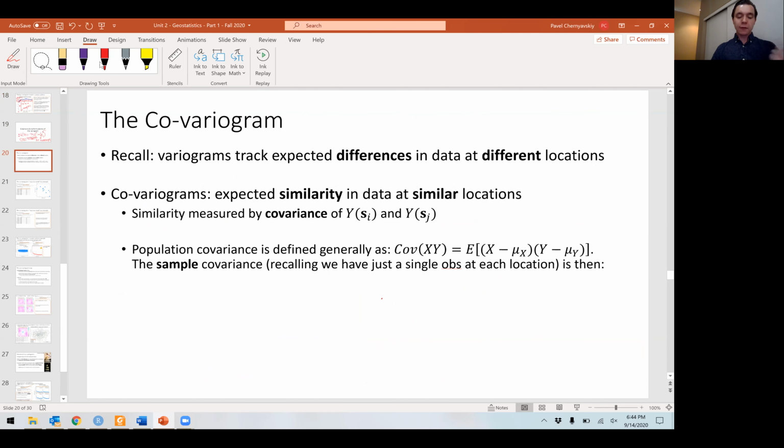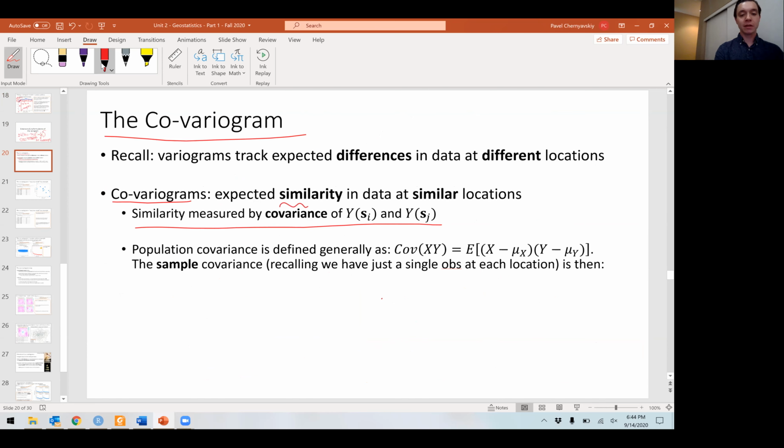We can reformulate and extend the variogram. And the first way we do this is by looking at the co-variogram, and it kind of is what it sounds like. Co-variograms track the similarity in the data as a function of distance.